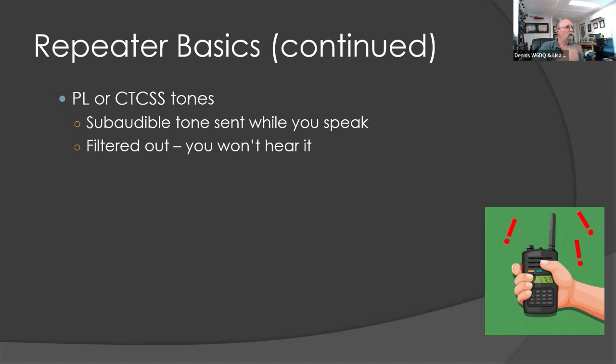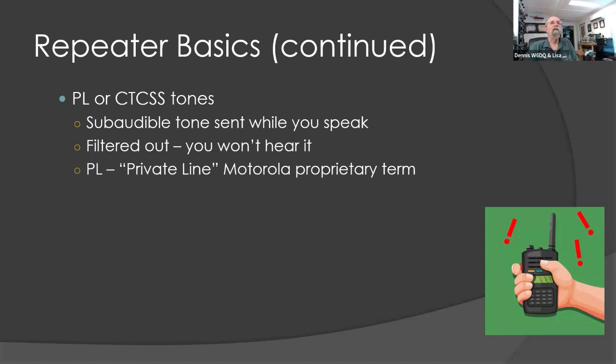Now, the terms PL and CTCSS, let me explain those a little bit. PL was coined by Motorola years and years ago, and it refers to what Motorola calls private line. That was exactly the idea. You could have multiple repeaters and multiple radios on the same frequency with different PL tones, and you'll only hear the radio that has the PL tone you want to listen to.